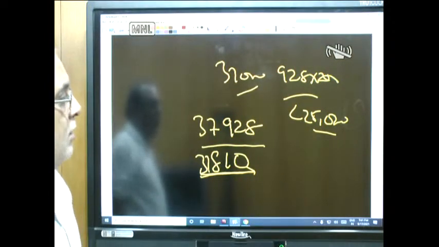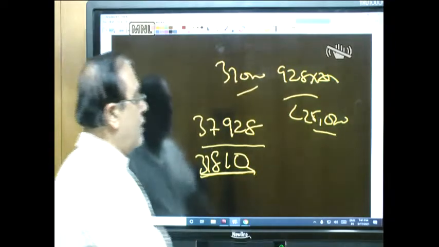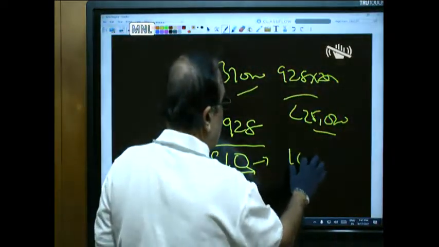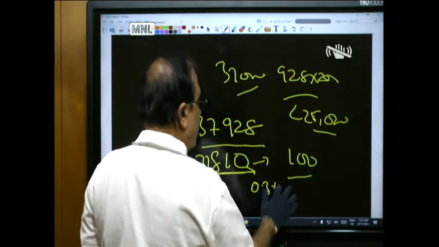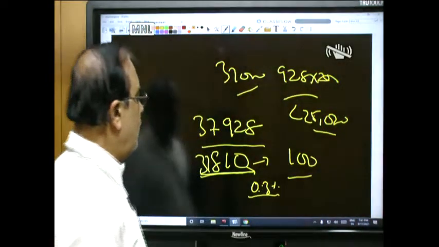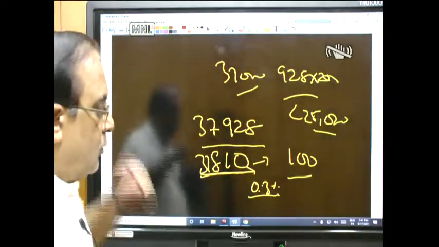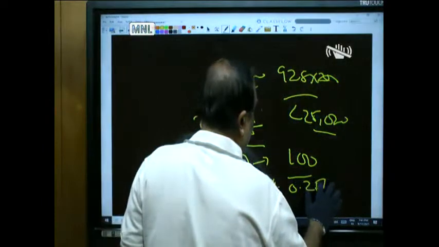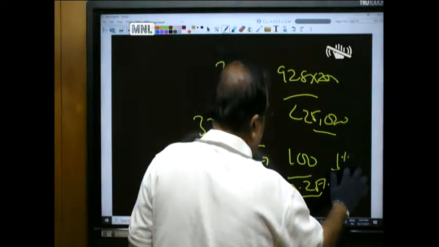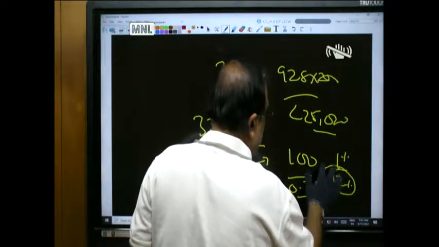Here we are paying something like 100 rupees extra, which comes to 0.3%, or maybe 0.25% for the week, which is 1% for the month and 12% for the entire year.